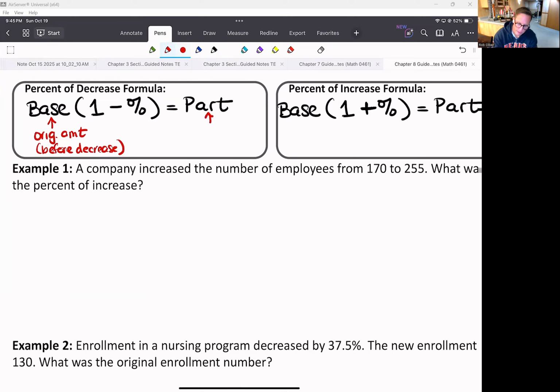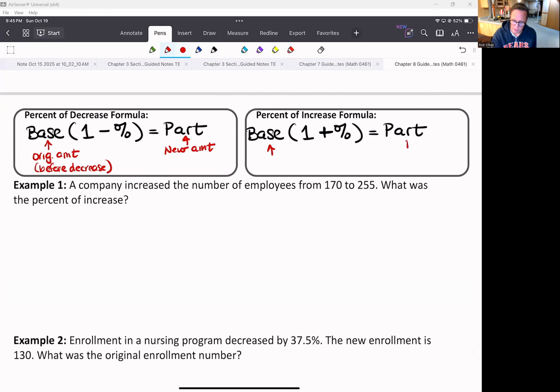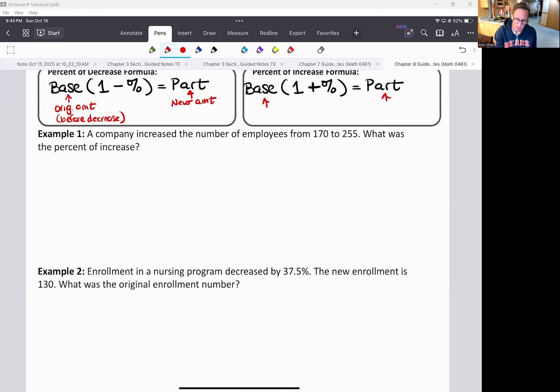Now the part, in the last problems a lot of times the part was a smaller number, but sometimes it can be bigger. But think of the part as the new amount. It's like the new price with the discount taken off of it. Think of it like that. And the same thing goes with the other side for the base and the part. Okay, so let's jump into these.